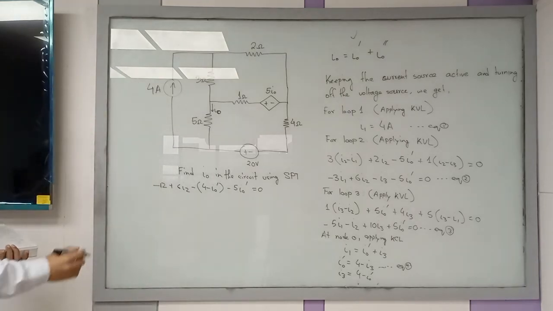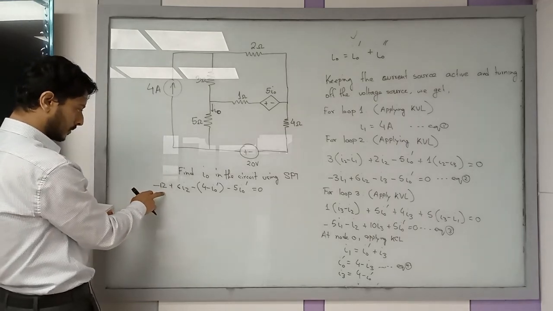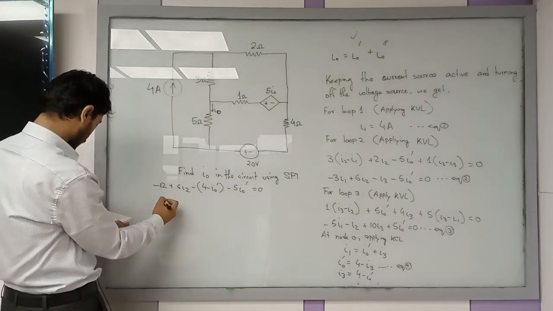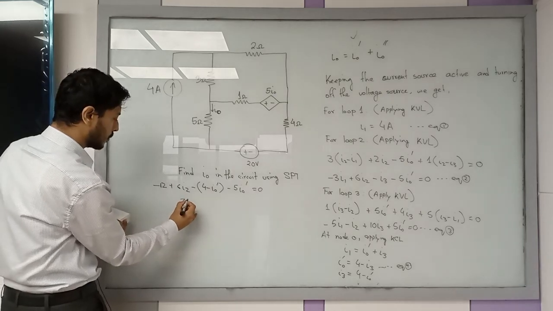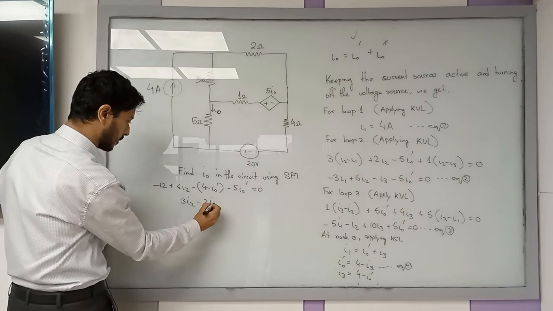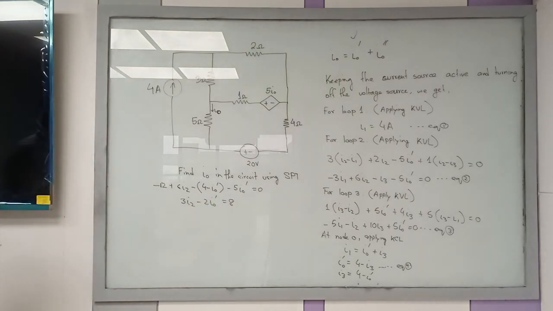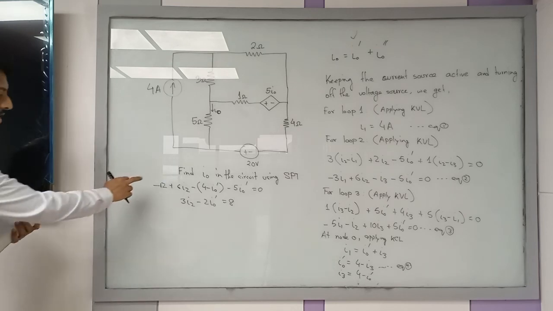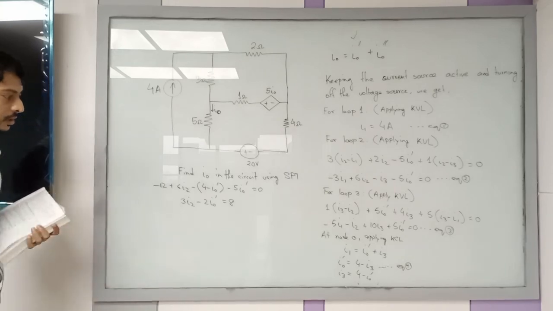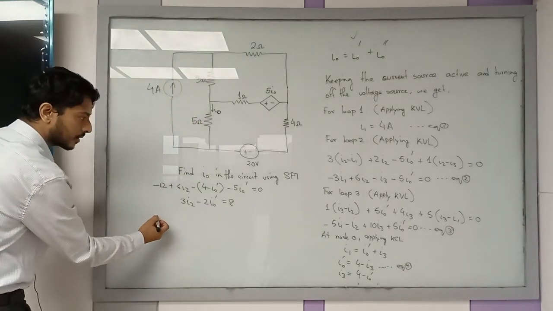Okay? So from this equation you can write, if I solve this equation it becomes like this. If you simplify this line, it becomes something like this. And what about equation 3?